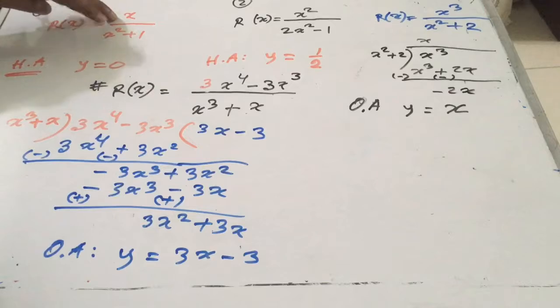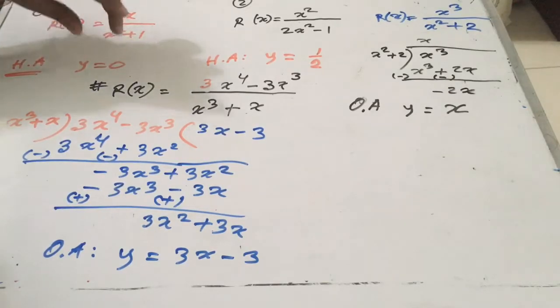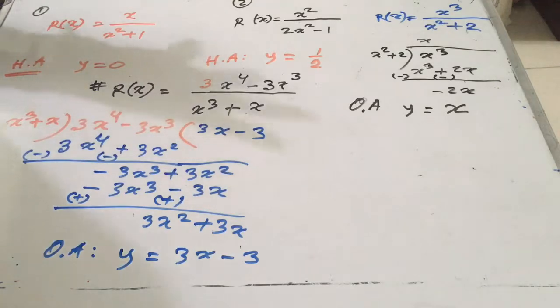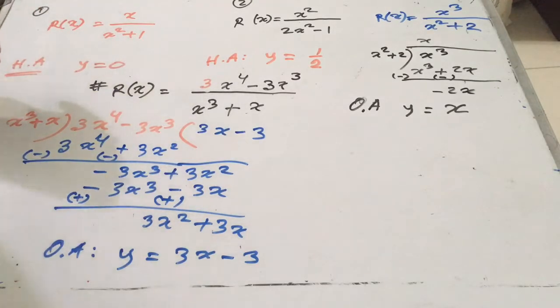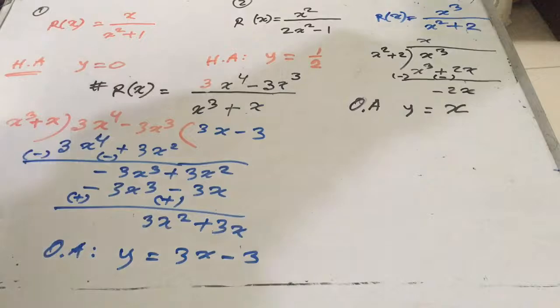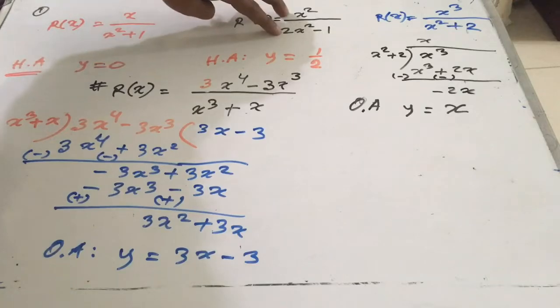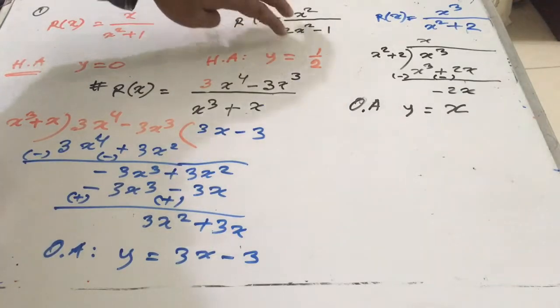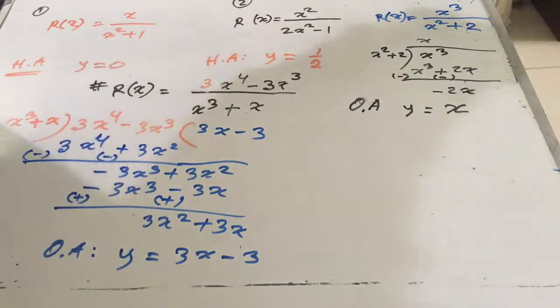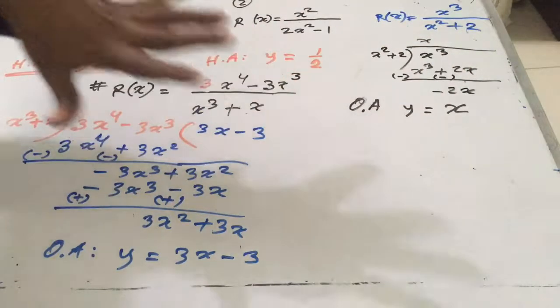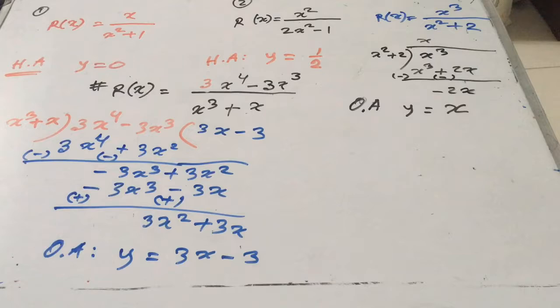If the power of the variable is more in the denominator, then always y equals 0. Why y equals 0? There is a nice explanation for that. I hope we will discuss it some other time. Then if the power is the same, we just look at the coefficients and put the ratio of the coefficients, and that is the answer. If the power is more in the top, then we have to do the division math, and we will get the answer.